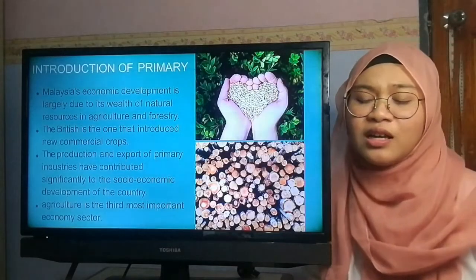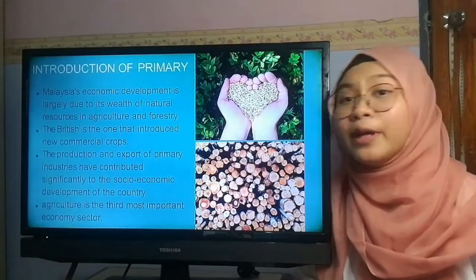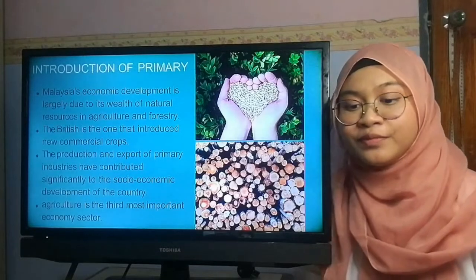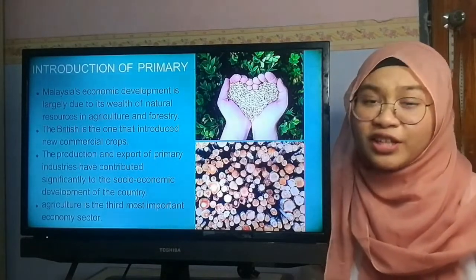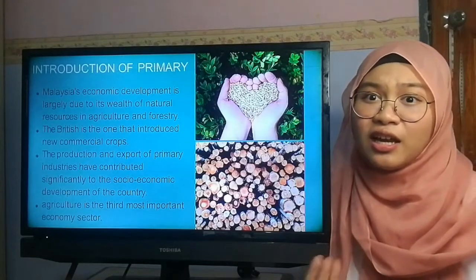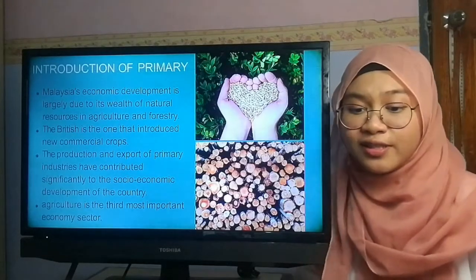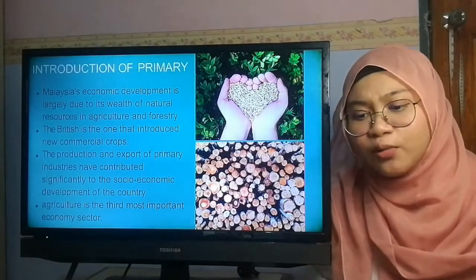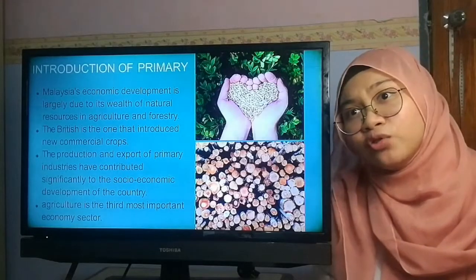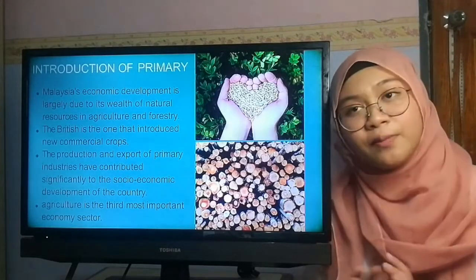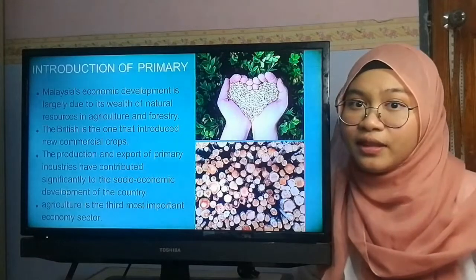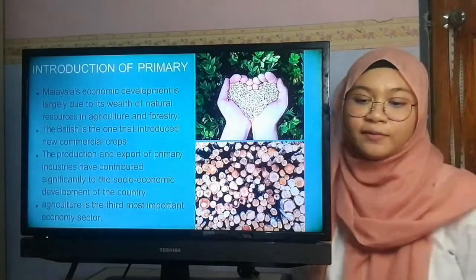So I will introduce a little bit about the primary sector. Malaysia's economic development is largely due to its wealth of natural resources, especially in agriculture and forestry. The British introduced new commercial crops such as rubber in 1876, palm oil in 1970, and cocoa in 1950.